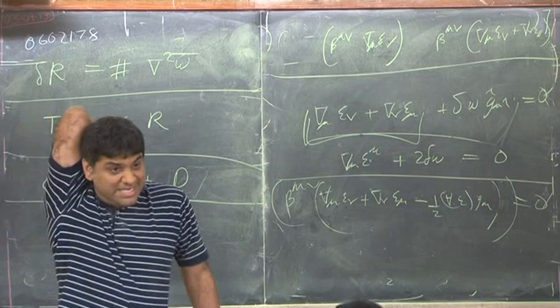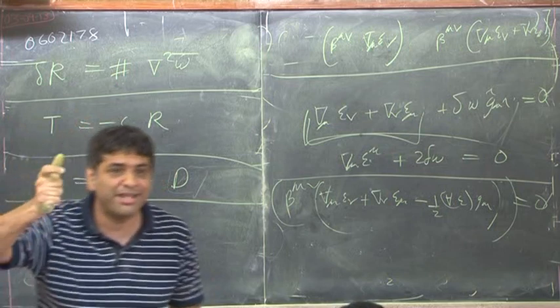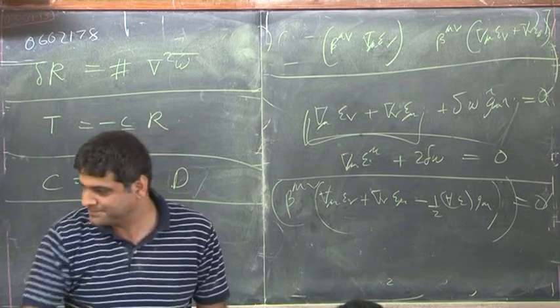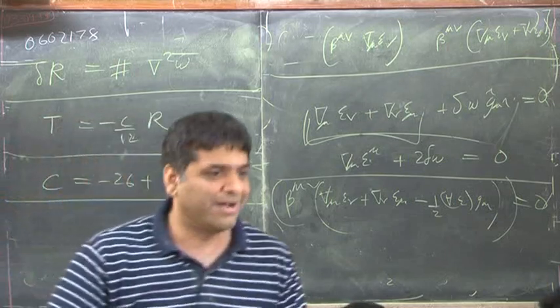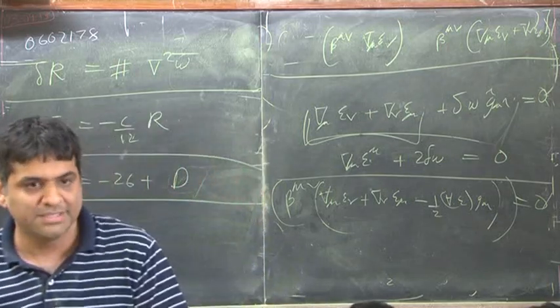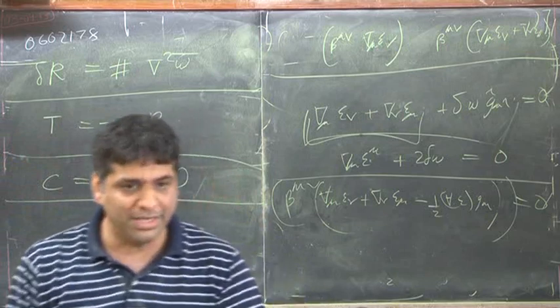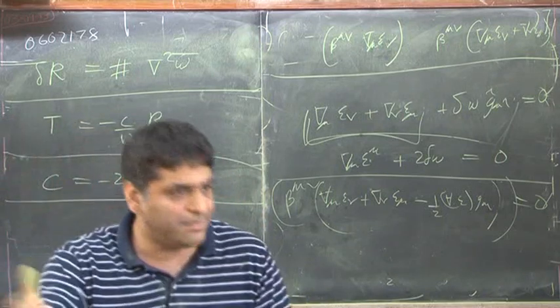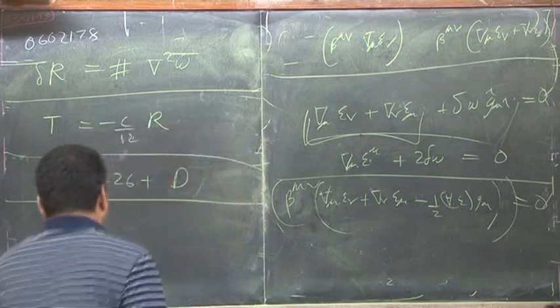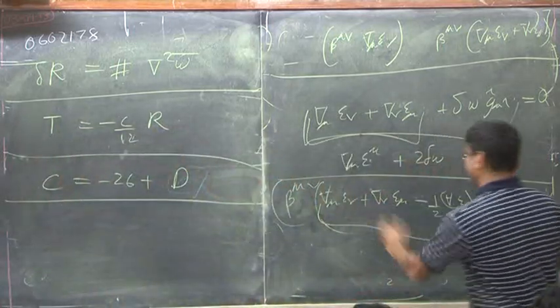See, what we are interested in is to see which variations of the metric are not obtainable by diffeomorphisms. Okay? If you have a notion of an inner product, as you do in our situation, there's an easy way to ask that. Which variations of the metric are orthogonal to all variations that you can produce by an infinitesimal gauge transformation? So, this is the most general infinitesimal gauge transformation.